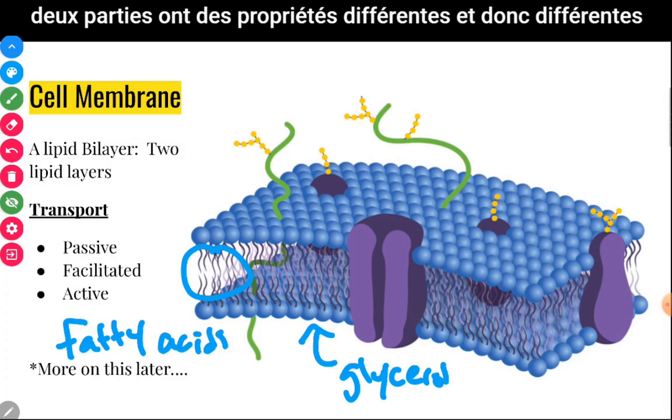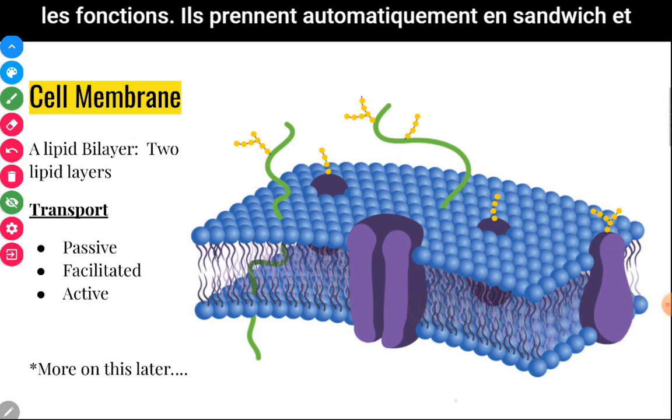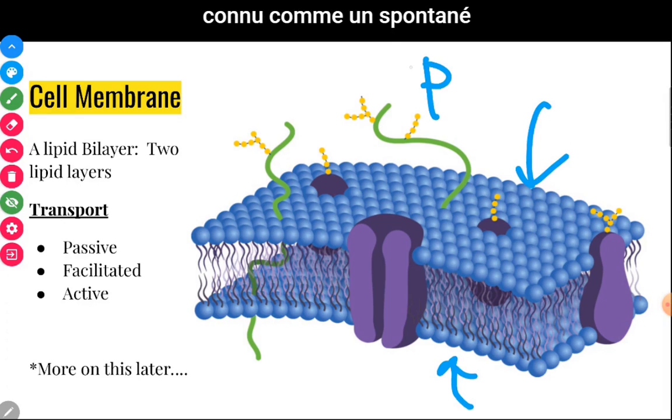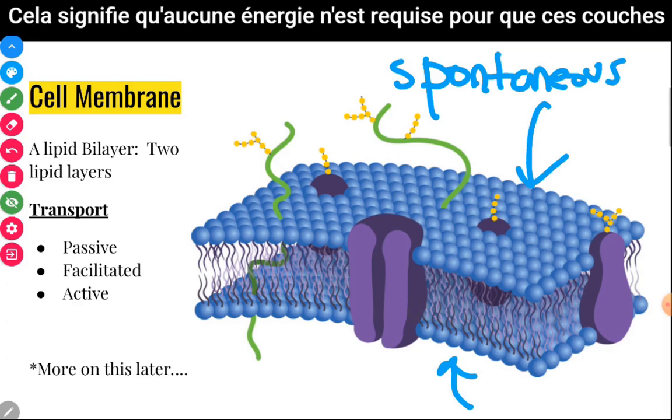These 2 parts have different properties and therefore different functions. They sandwich together automatically in what's known as a spontaneous reaction. That means that no energy is required for these layers to form.